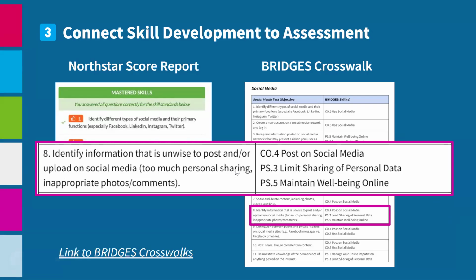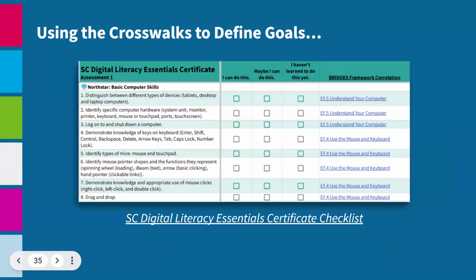The crosswalk that we've done points you to 3 of the Bridges, and all you would have to do is go to the library and put in the codes or keywords from the skill itself, and you could find additional practice. Of course, North Star has software, but there's almost always a need for some additional practice when you didn't get it on the first go round.